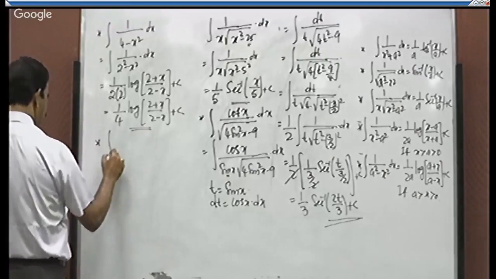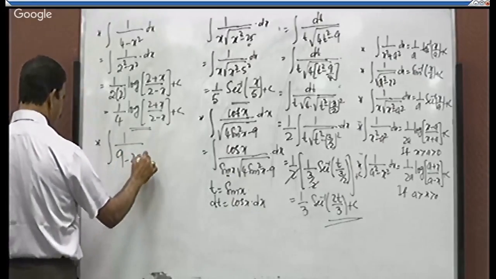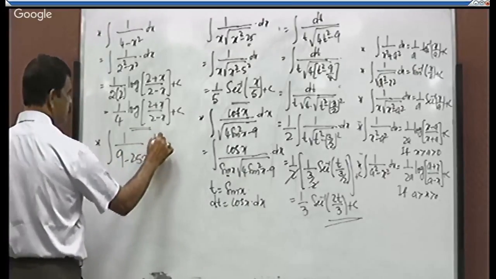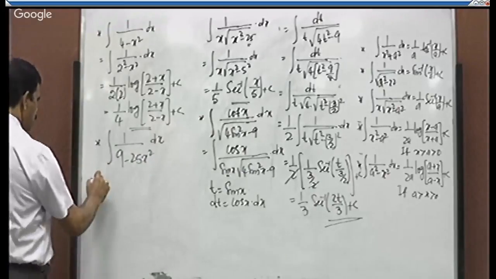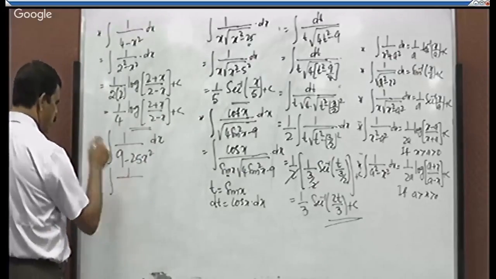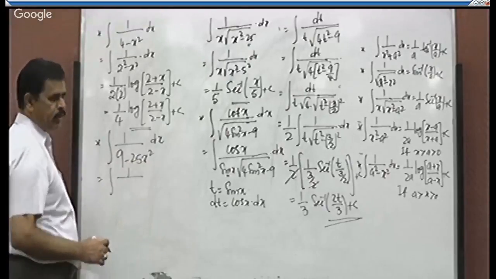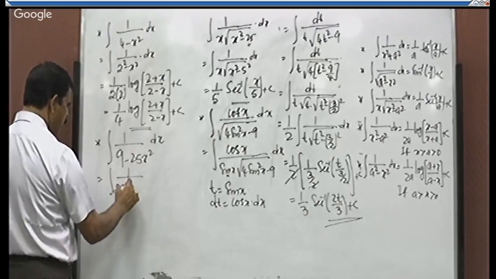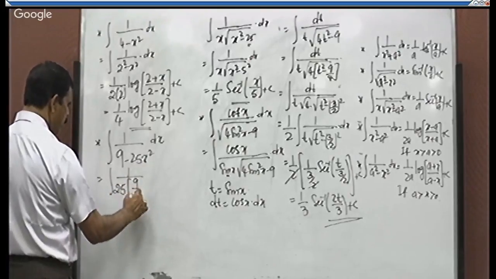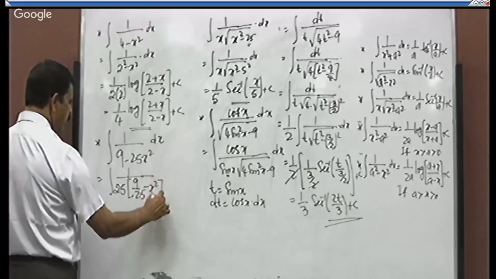Second one, integration of 1 divided by 9 minus 25 x square dx. Again, it can be changed. We should be only in x square form. Then you take that 25 outside. If I take 25 common, it becomes 9 by 25 minus x square into dx.